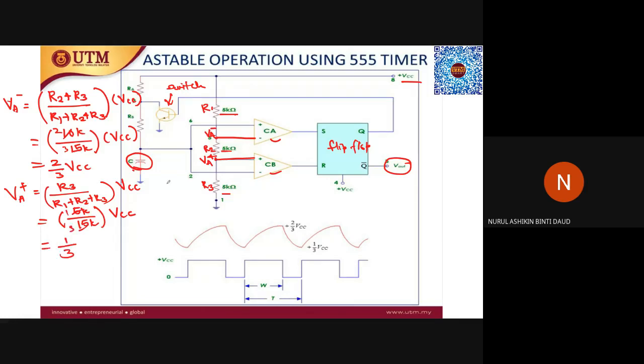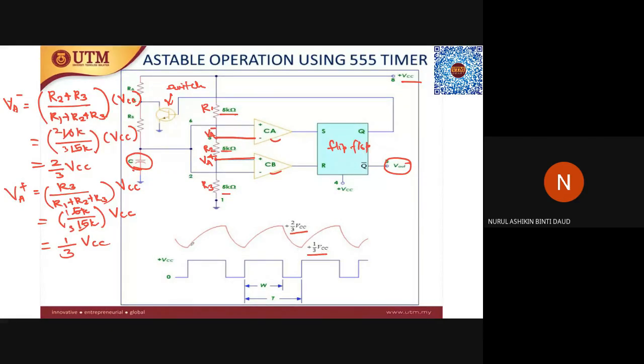So the value of VA positive is always 1/3 of VCC. This will be the threshold voltage for this comparator. This is the threshold voltage for VA minus, and this is the threshold voltage for VA plus.